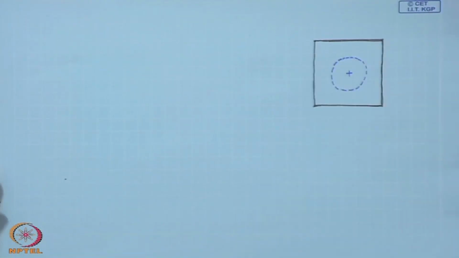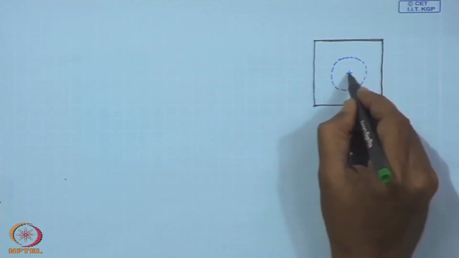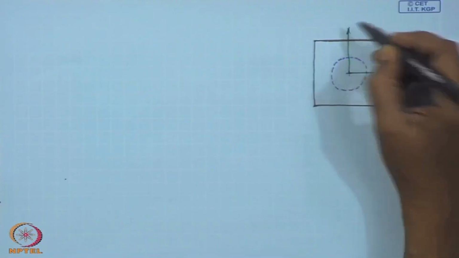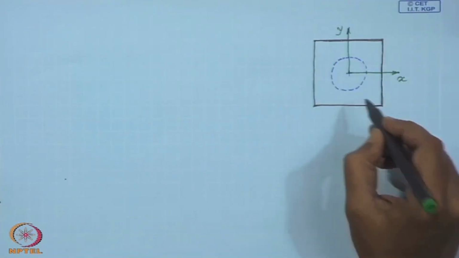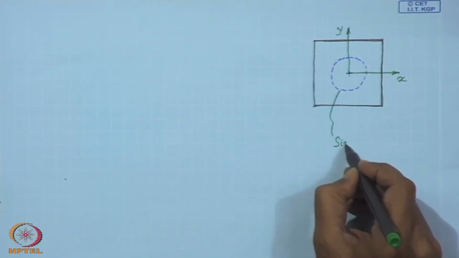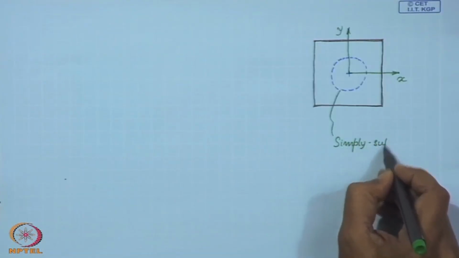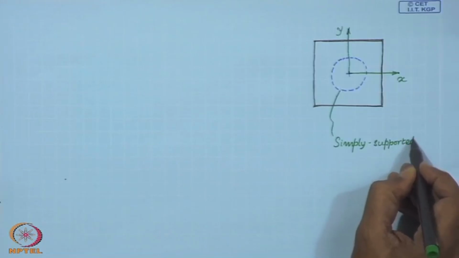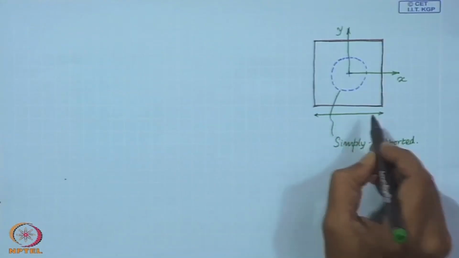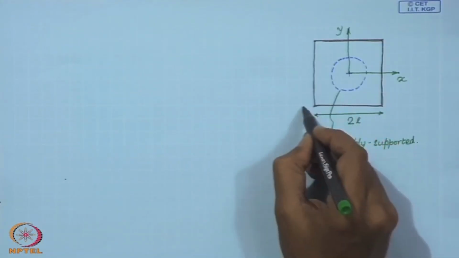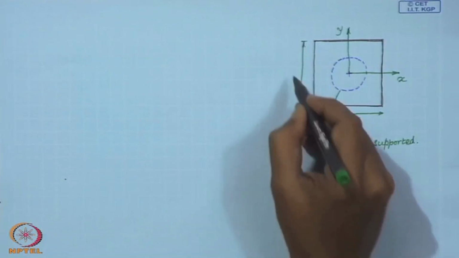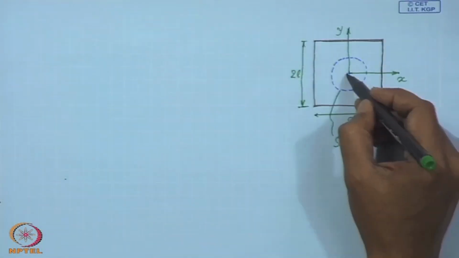It is simply supported. We consider that the length is 2L, and this is at the geometric center.